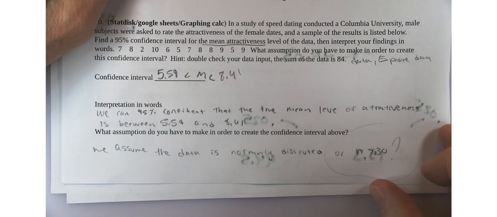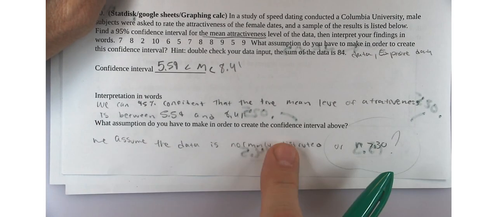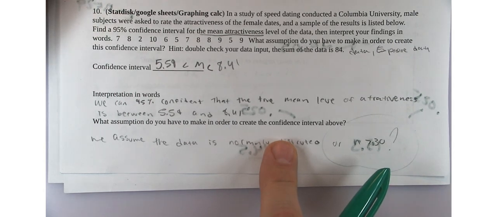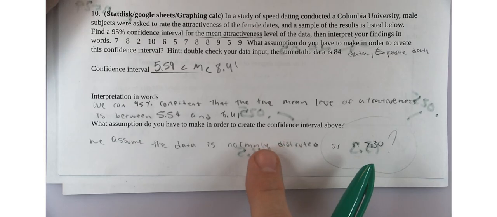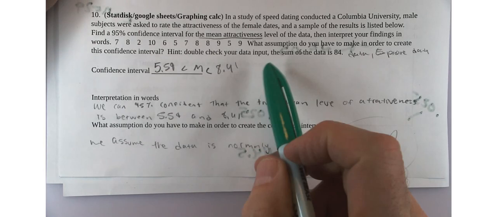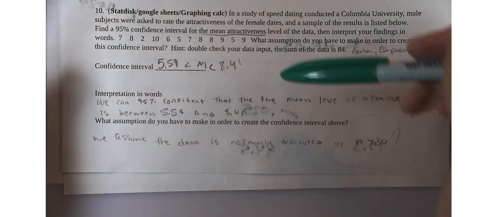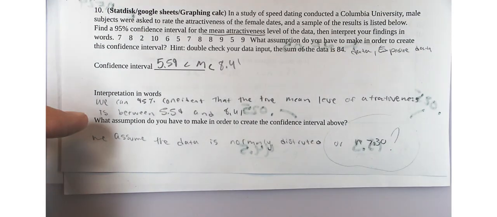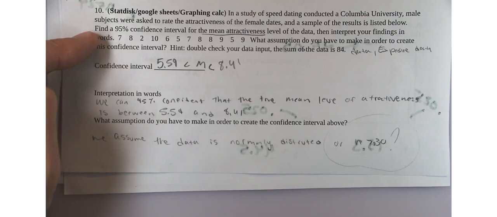Question. What assumptions do you have to make in order to create the confidence interval above? So this one was a confidence interval for a standard deviation, I think. No, mean level of attractiveness. In this case, the additional assumption that you had to make is that this data are normally distributed.